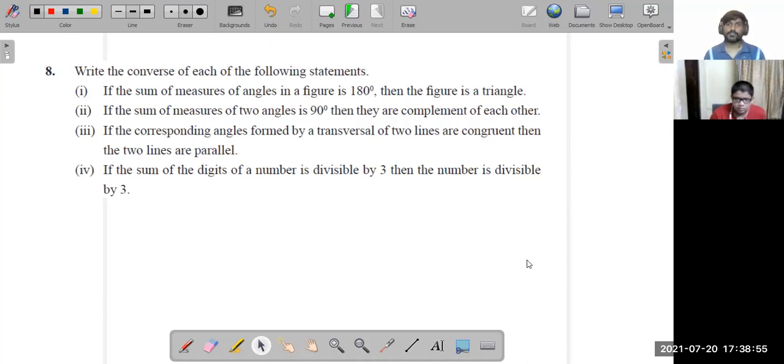Yes, can you try? Converse. So in converse, what you have to do is basically change the subject and the object, or change the consequent and antecedent. Yes, if the figure is a triangle, then the sum of measures of angles in the figure is 180 degrees. Yes, right.